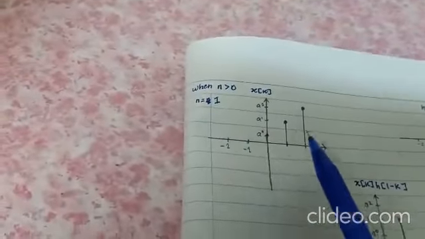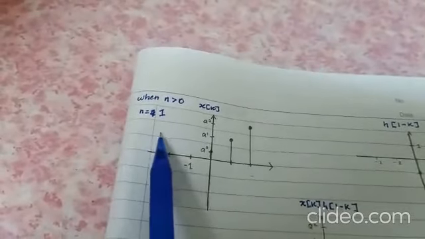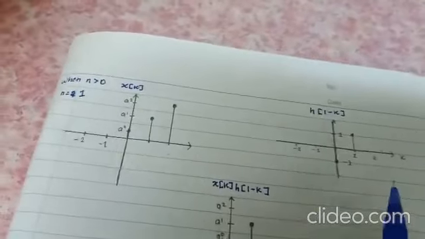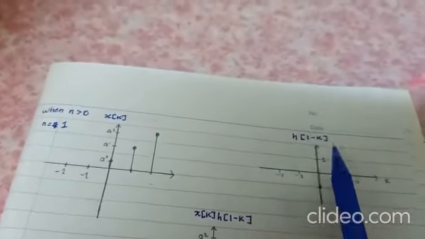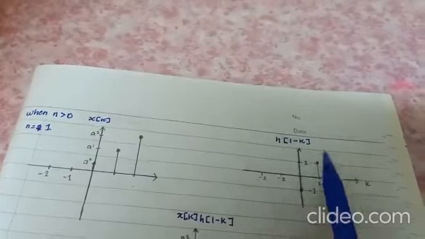This part is not really important. The most important one is when n is more than 0, because from here it will continue to grow. So when n is more than 0, here I will only use 1. When n is equal to 1, h n minus k will equal h 1 minus k.